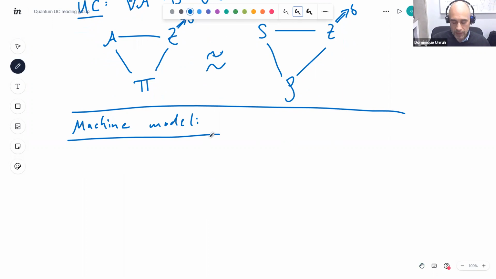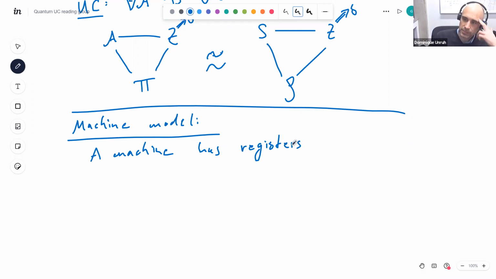And what I do here is I say a machine has several registers. In Rand's model, it's usually tapes of Turing machines that are talked about. To a large degree, this is a matter of taste, whether you call it a tape or a register, but it is basically part of the memory of the machine for a specific purpose.